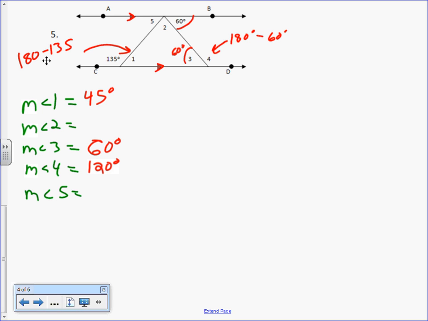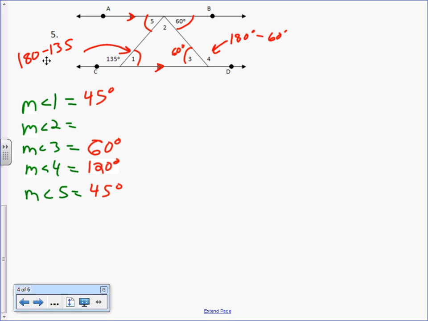Oh man, we're cruising. Because look, angle 1 and angle 5 are also alternate interior angles, so those are congruent. So this would be 45 degrees as well. Let me just have one more. The measure of angle 5, angle 2, and then that 60 would all make one whole 180 degrees.